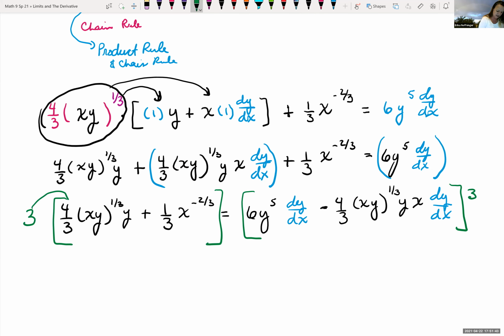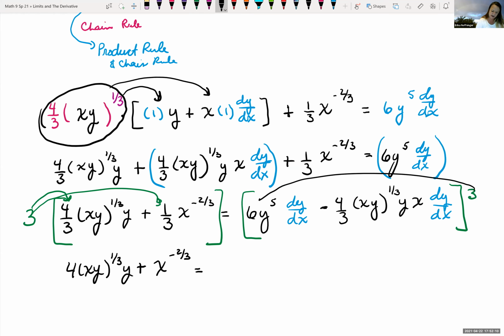When I distribute it to this 4/3, the 3 cancels, and I'm just left with that 4 (xy)^(1/3) times y, plus, when I distribute that 3 here, the 3's cancel, and I'm just left with x to the negative 2/3, equals, distributing 3 over here, nothing cancels, so I'm left with 18y to the 5th dy/dx.